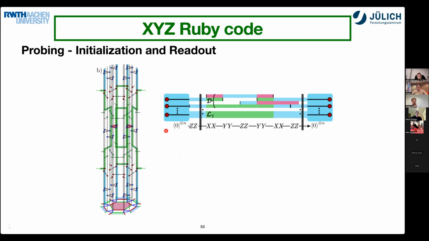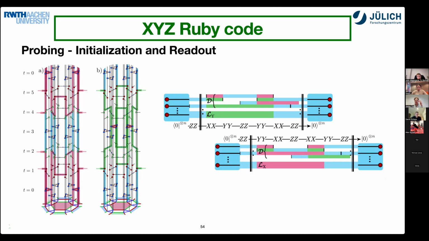So if we start with physical zeros, which support blue flows, we can initialize this kind of logical very naturally by starting in zero and then measuring Z operators, because we can attach these red spiders with their blue flows to that.